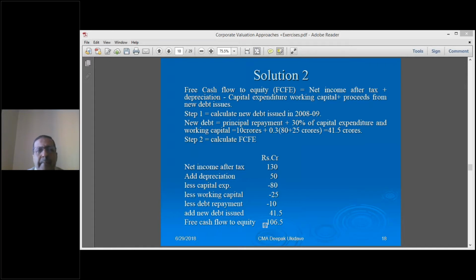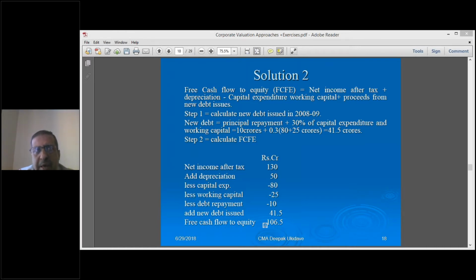Write down PAT, that is net income after tax, add depreciation, draw a line. PAT plus depreciation is called CFAT, cash flow after tax. Less delta capex, less delta WC, less existing debt repayment, add new debt issued.